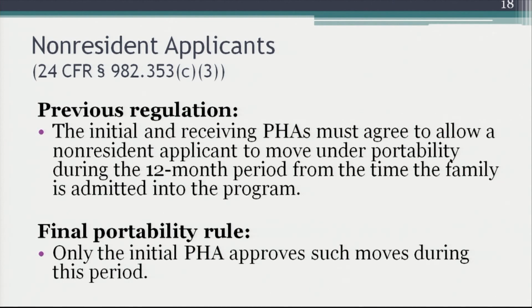So that's what we're talking about here. Under the previous regulation, both the initial and receiving PHAs had to agree to allow this non-resident applicant to move under portability during this 12-month period. The final portability rule puts that decision only on the initial PHA. So the initial PHA is the one that approves such moves during that period.